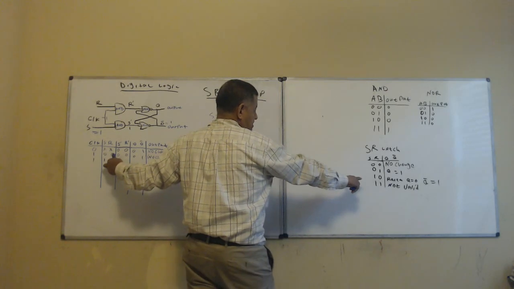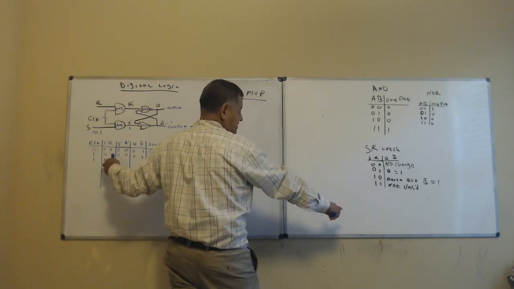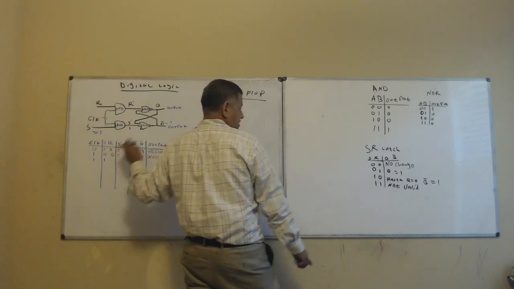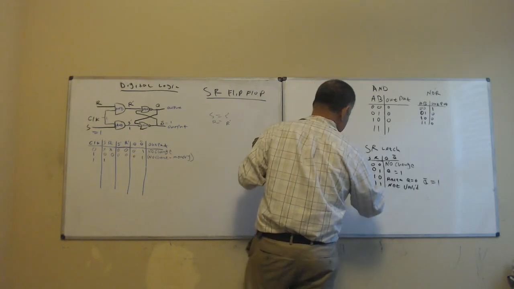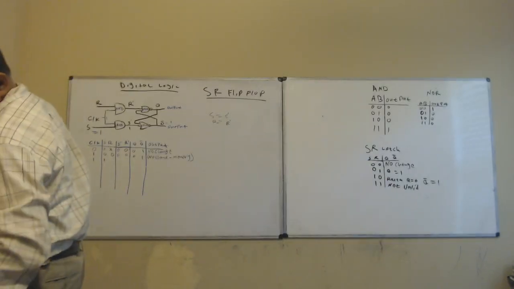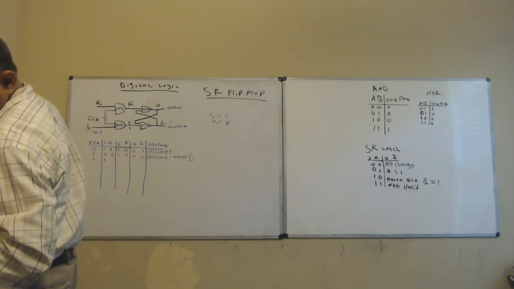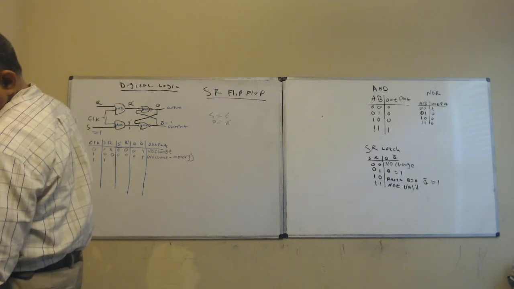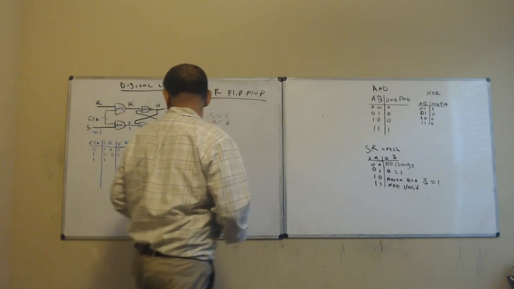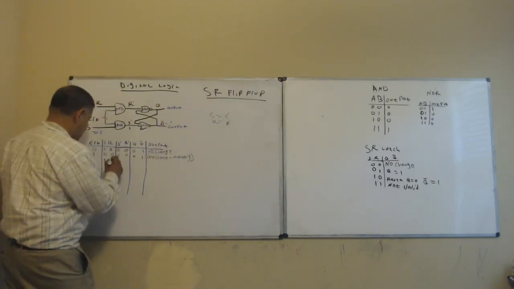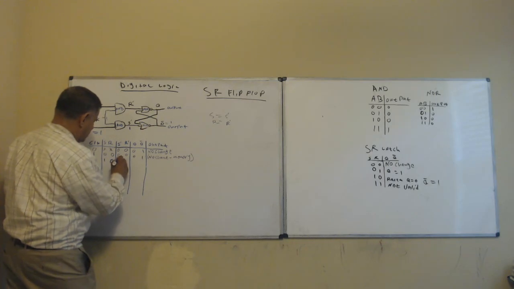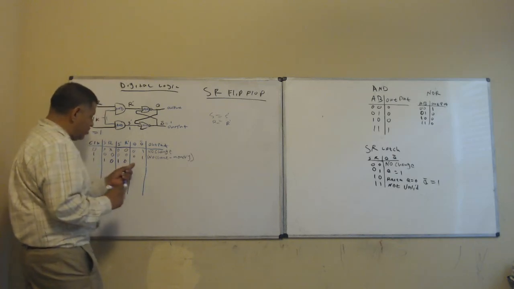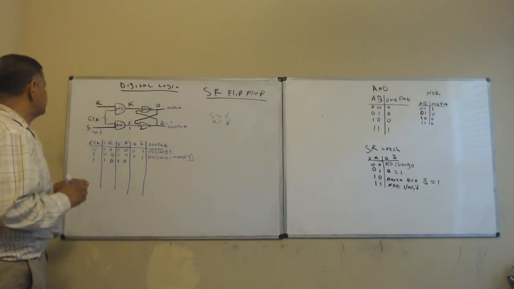So what's going to happen? Q is equal to 1. Let's do this again.